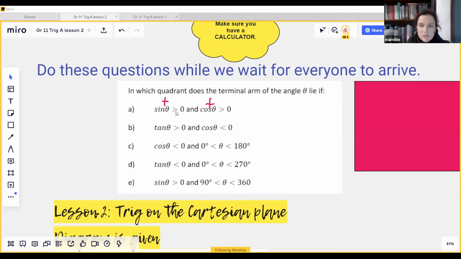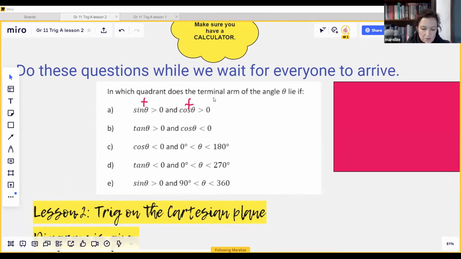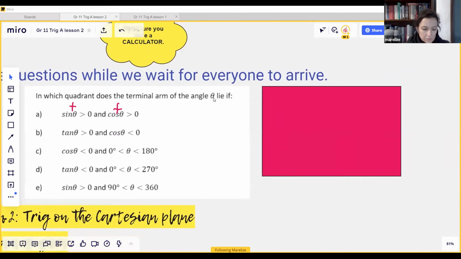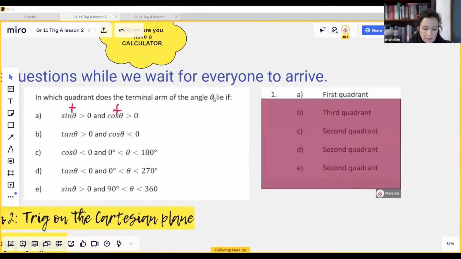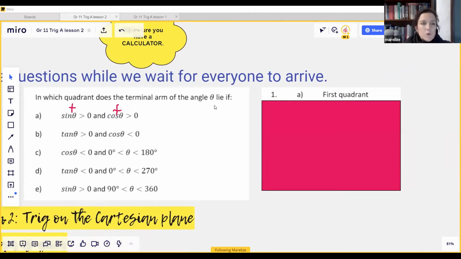And in which quadrant does that happen? Let's see, I'm going to move over to the answers over here. And that happens in the first quadrant. That's right, well done. First quadrant, we get sine positive and cos positive. Both of them at the same time positive.